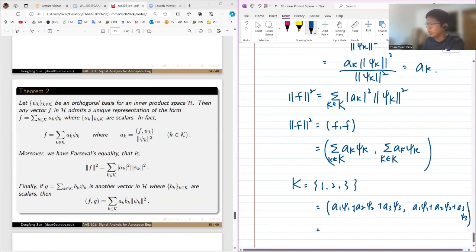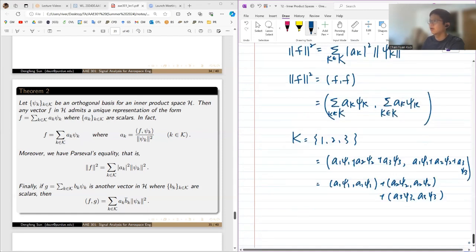If we expand this, we will be left with the inner product of a1 psi 1 and a1 psi 1, plus the inner product of a2 psi 2 and a2 psi 2, plus the inner product of a3 psi 3 and a3 psi 3.